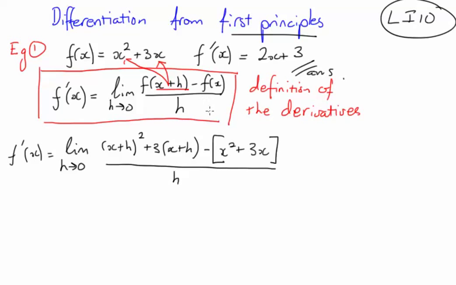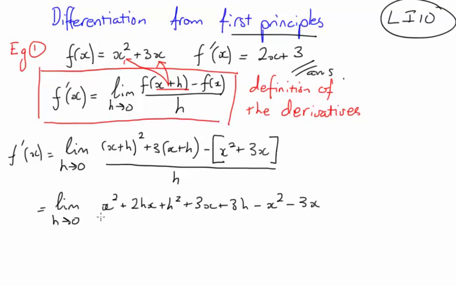Alright, we need to expand, so equals the limit as h approaches 0 of, that expands to, and you should know from your binomial theorem, x squared plus 2hx plus h squared plus 3x plus 3h minus x squared minus 3x, and that's all over h. Now I've got to collect some like terms. Well, there's x squared, there's minus x squared, so they disappear.